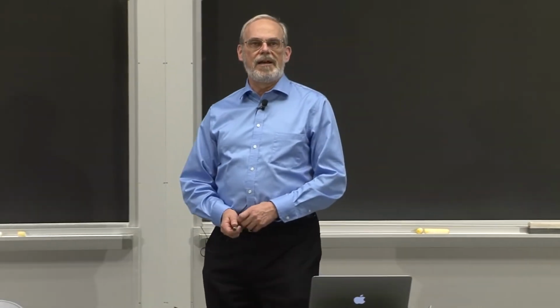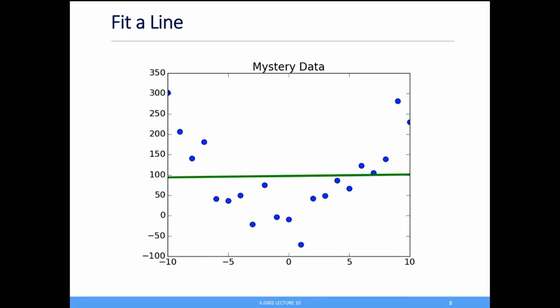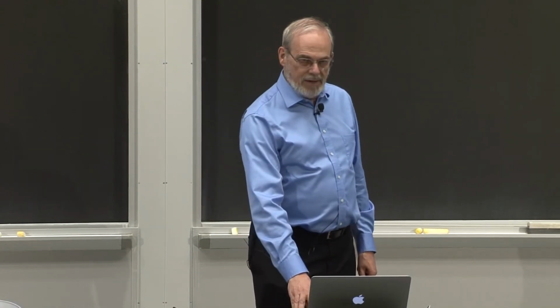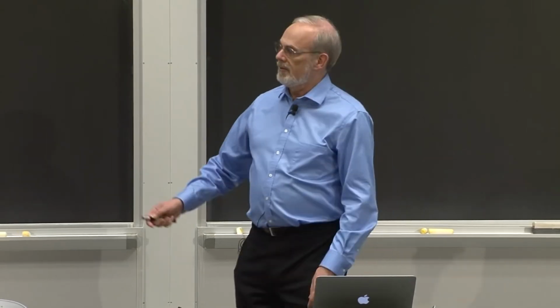Okay, so I fit the line. What do you think? Good fit? Not so much. Pretty ugly. I mean, you can see it's the best fitting line. It sort of accounts for the variation on either side of it, but it's not a very good fit. So then the question is, why not try fitting a higher order model?